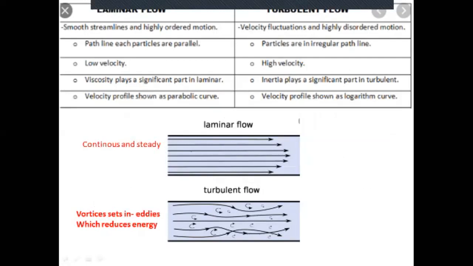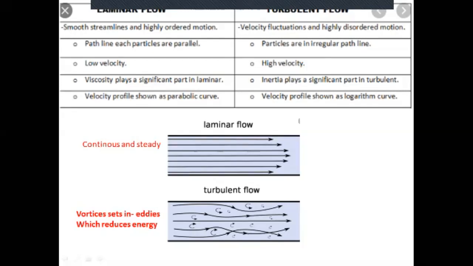But in a turbulent flow, you can see what we call vortices, they actually set in. We also call them eddies, which make the flow turbulent, and this reduces the energy because there's a lot of frictional force, or what you call viscosity, inside the flow of the fluid.